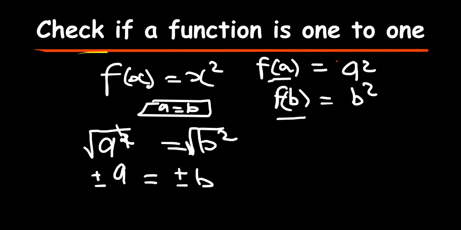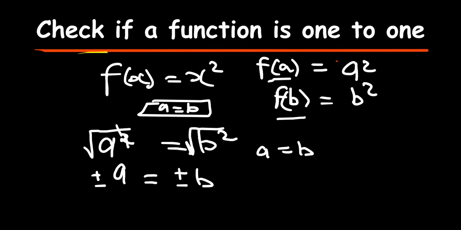So now from this plus or minus, what are we going to have? We see that we are going to have a is equal to b.